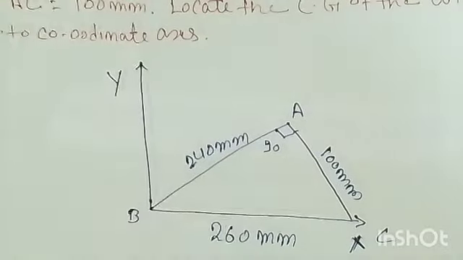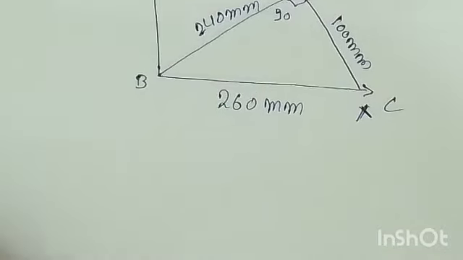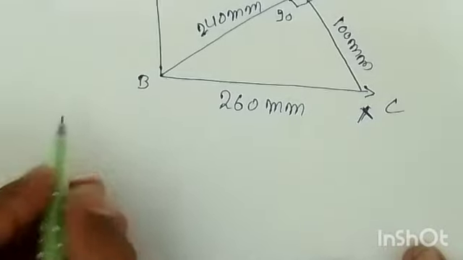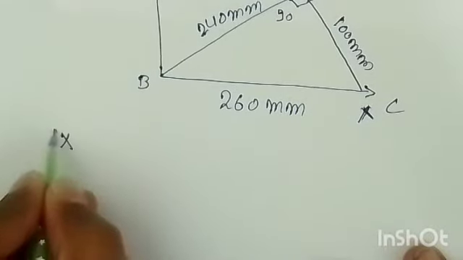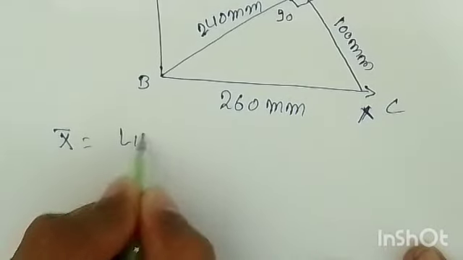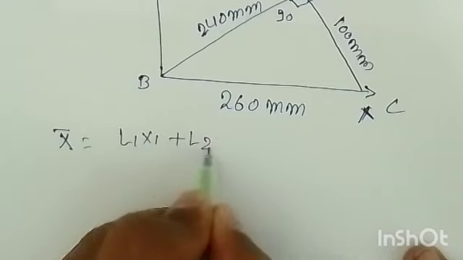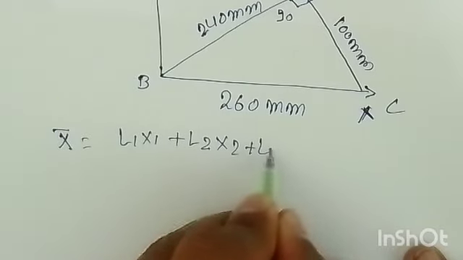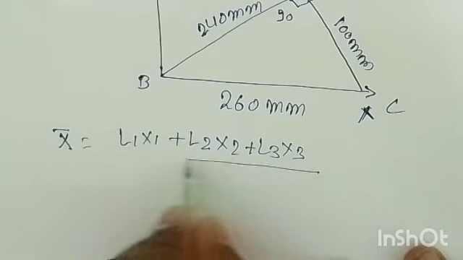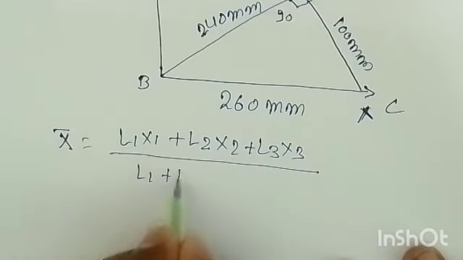Is it or not? So it means that x bar is equal to L1 x1 plus L2 x2 plus L3 x3 by L1 plus L2 plus L3, right?